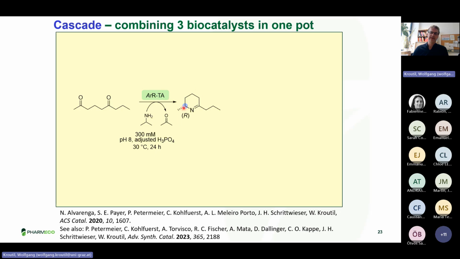We get the delta-1 pyrroline, and we coupled it right away in one pot with another enzyme, an imine reductase, to reduce the CN double bond. But in that case, we need a hydride, so we need recycling of the cofactor, which we did with 2-propanol.